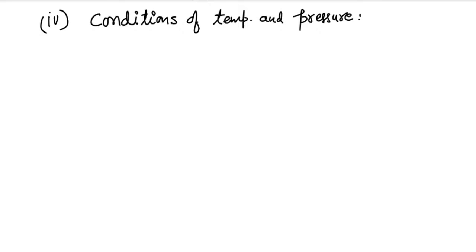A chemical reaction has different enthalpies at different temperatures and pressures, and values are generally expressed under standard conditions of temperature and pressure. Standard conditions are 298 Kelvin and 1 atmosphere pressure. So the enthalpy of the reaction under standard conditions of temperature and pressure is called standard enthalpy of a reaction.